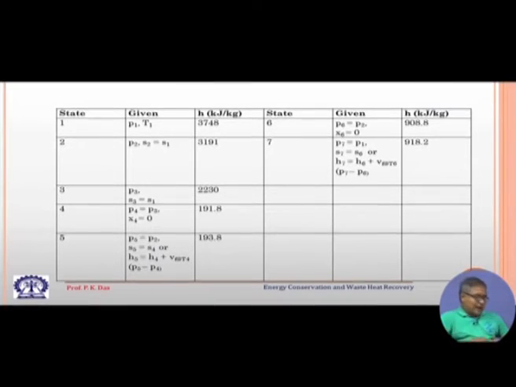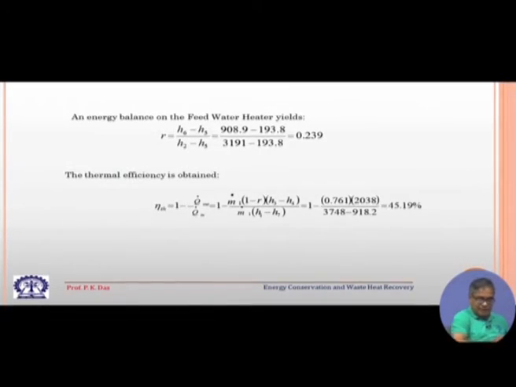So, with this I have explained the working of Rankine cycle and the modification of Rankine cycle, and how the efficiency of the Rankine cycle changes with feed water heating. Now, I would like to discuss a few additional points in connection with this.